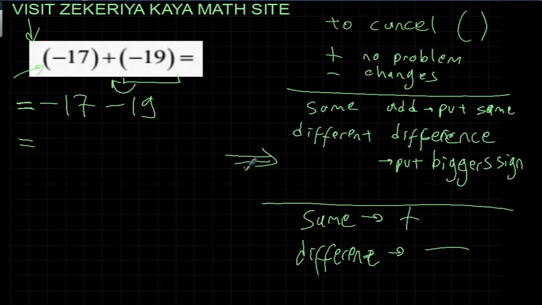It helps you in physics exam, but in math exam, you are not allowed to use it. So, 17 and 19. 7 plus 9 makes 16. We have 1. 1 plus 1 is 2, plus 1, 36. And we must put the same sign.